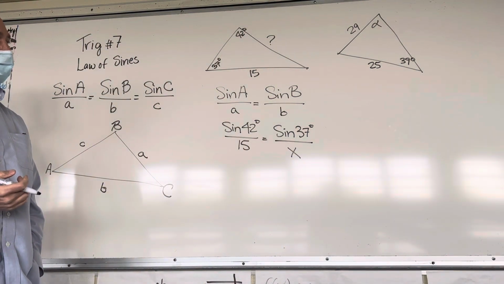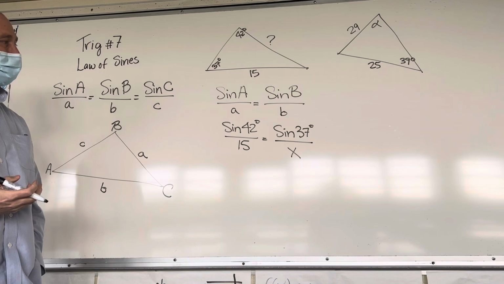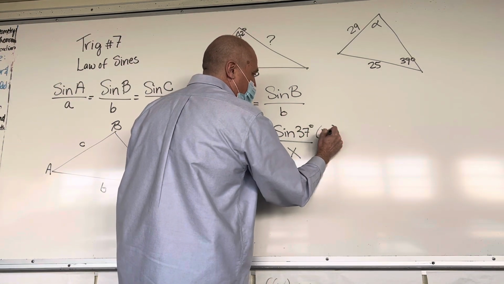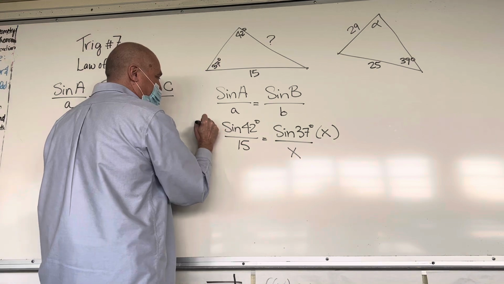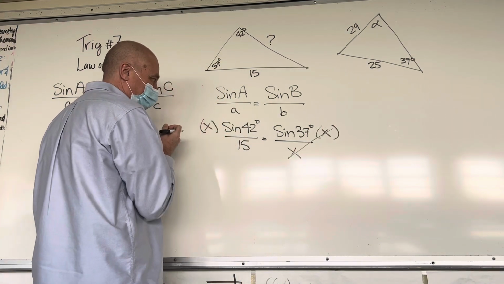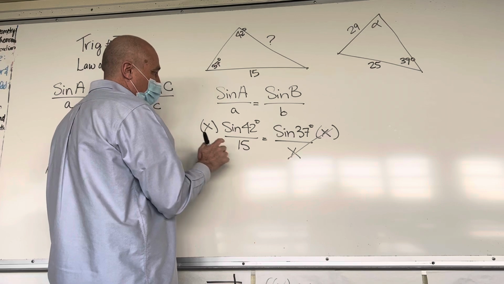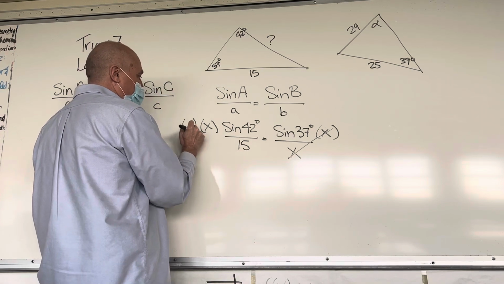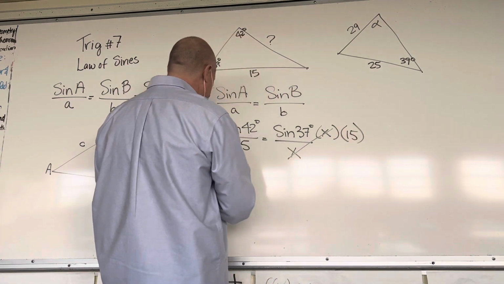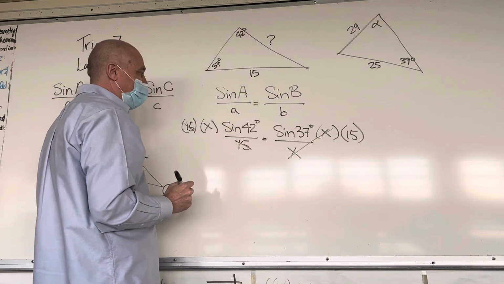Now we need to do some algebra to rearrange the equation. We'll multiply both sides by x, and x over x will disappear. We'll multiply both sides by 15, so the 15s will disappear.